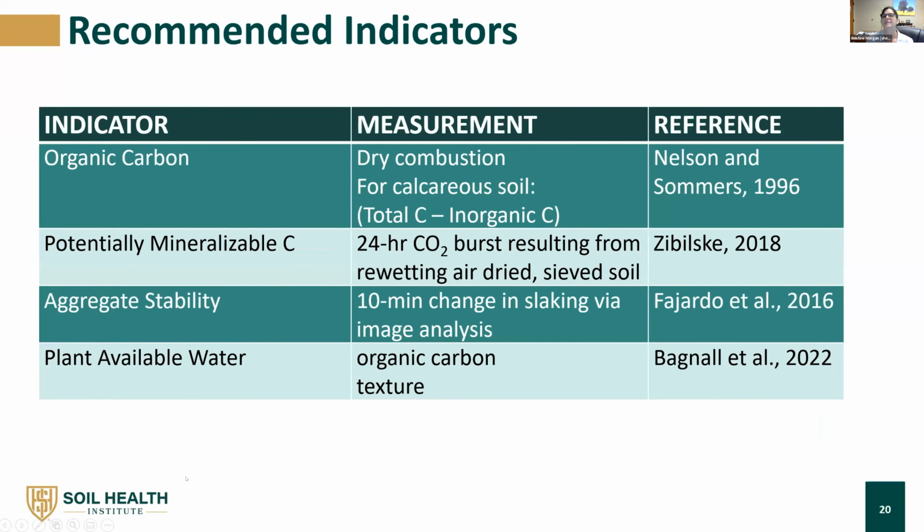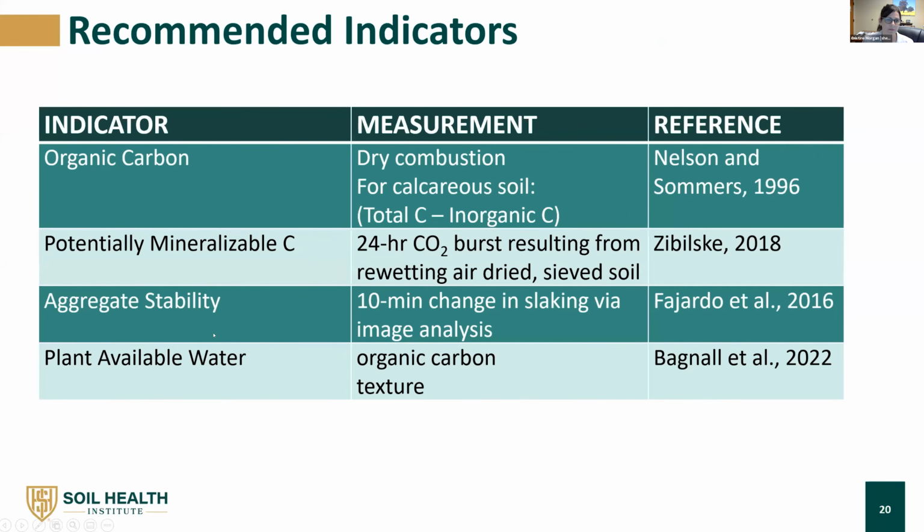So in the end, we've created this table to kind of simplify our thoughts, but primarily we have these indicators: organic carbon, potentially mineralizable carbon with a 24-hour incubation, aggregate stability, plant available water, really important indicators.